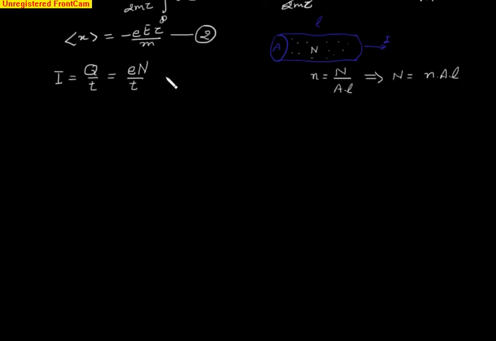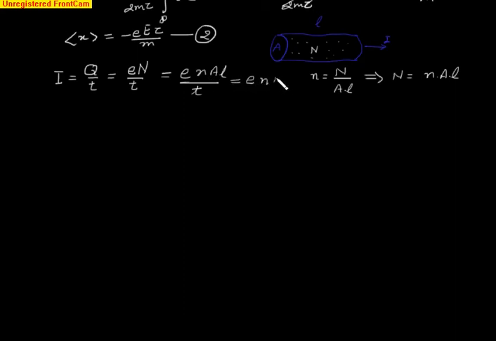If we substitute this value of n, we get E times nAL divided by the time T. But we know that length over time, that is the total length of the metal and the time in which it is covered with the drift velocity, gives you the drift velocity.